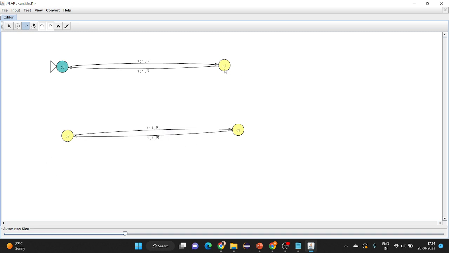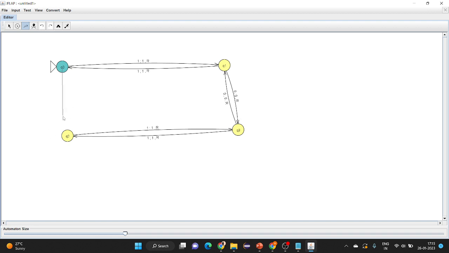And for an even number of zeros, we move the transition from Q1 to Q3. If it is 0, we replace it by 0 and move right. And from Q3 we move again to Q1 with the transition 0 replaced by 0 and right shift.